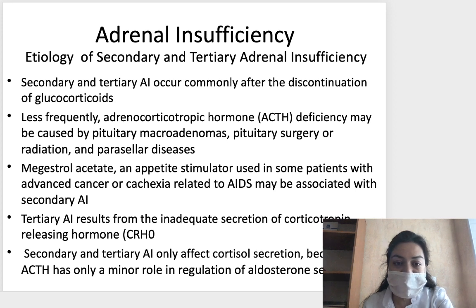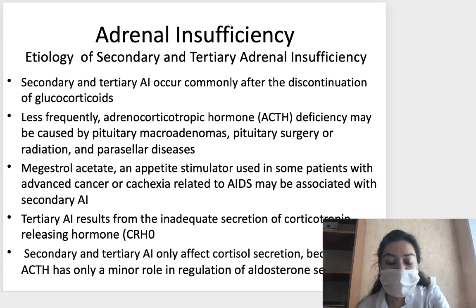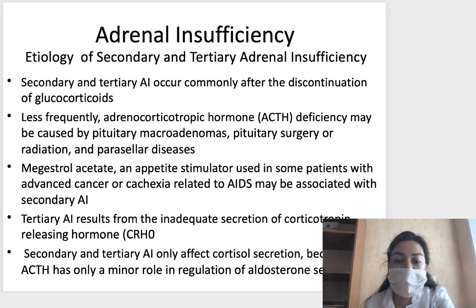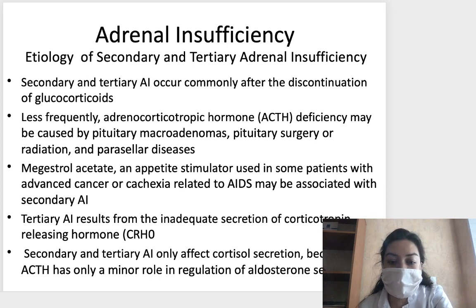Megestrol acetate, an appetite stimulator used in some patients with advanced cancer or cachexia related to AIDS, may be associated with secondary adrenal insufficiency. Tertiary adrenal insufficiency results from inadequate secretion of corticotropin-releasing hormone. Secondary and tertiary adrenal insufficiency only affect cortisol secretion because ACTH has only a minor role in the regulation of aldosterone secretion.